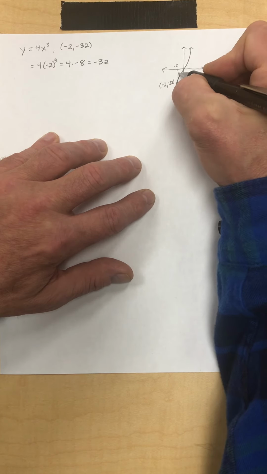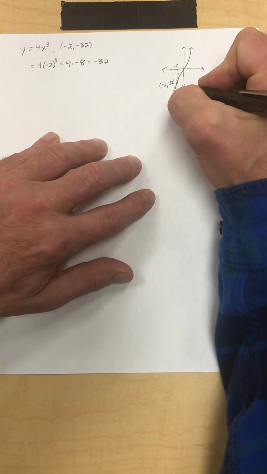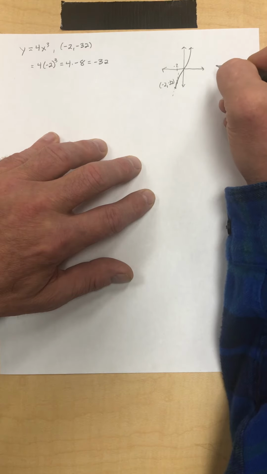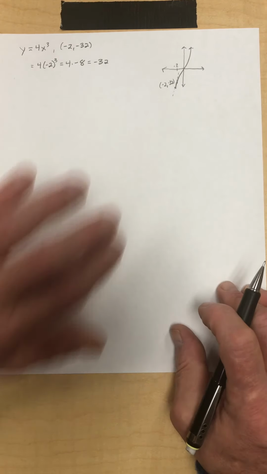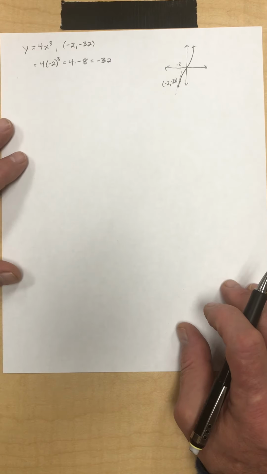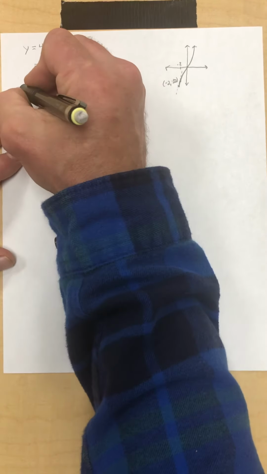So if you think in terms of what that guy is going to look like, certainly it looks like the slope is going to be positive. Probably going to be a relatively large slope in absolute value. So let's see what happens here.